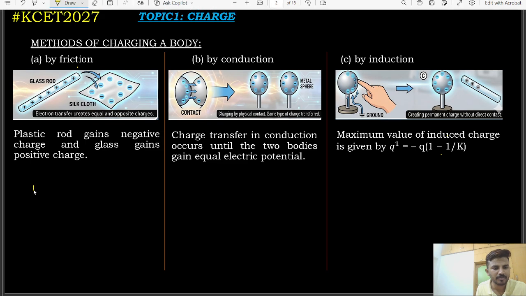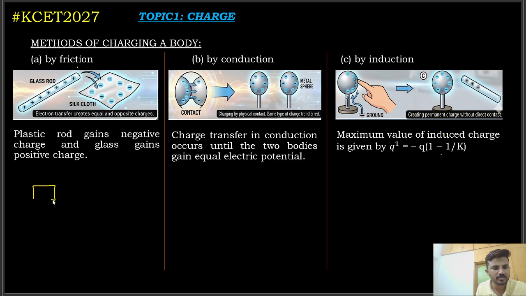Let's consider here we have a body A, which is rubbed with body B. When one body is rubbed with another body, there will be transfer of electrons from one body to another. Let's consider in this case the electrons get transferred from body A to body B.